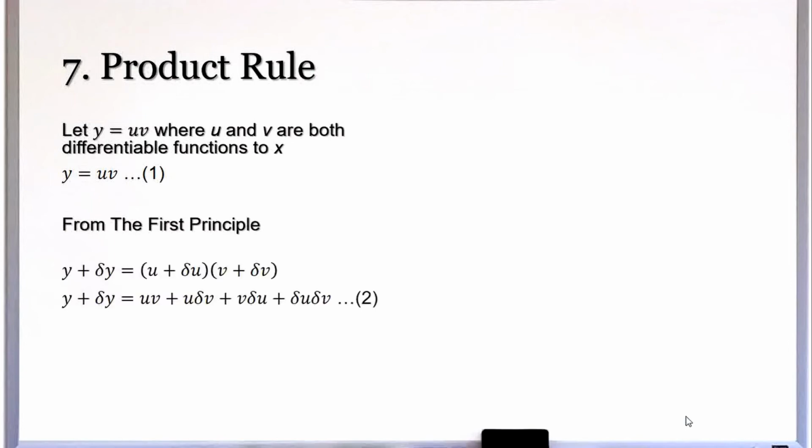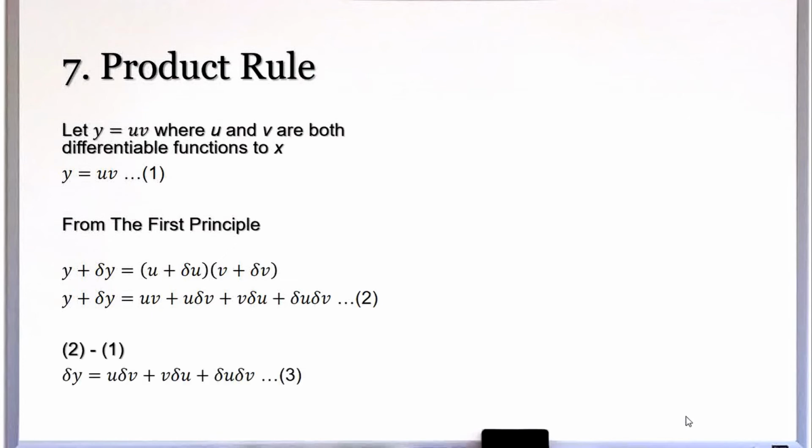From first principles, we just add delta y to y, delta u to u, and delta v to v. We'll write y plus delta y equal to uv plus u times delta v plus v times delta u plus delta u times delta v as equation 2. We use equation 2 minus equation 1.